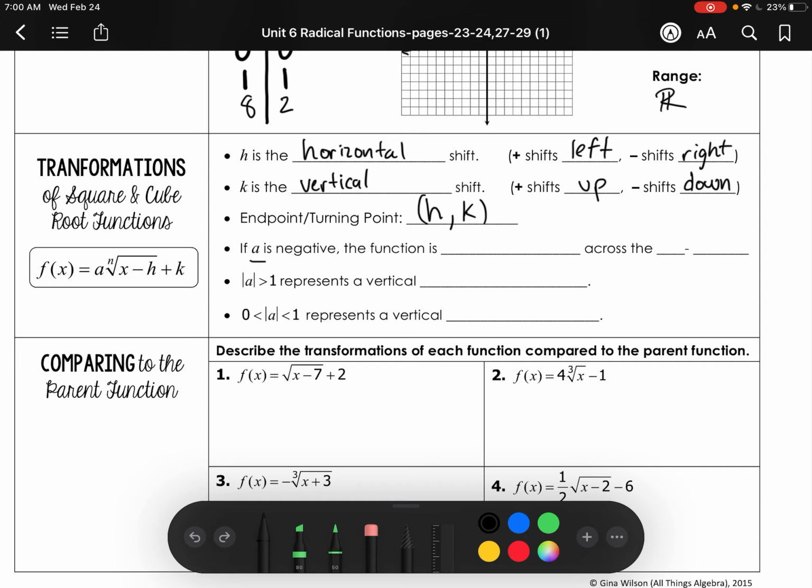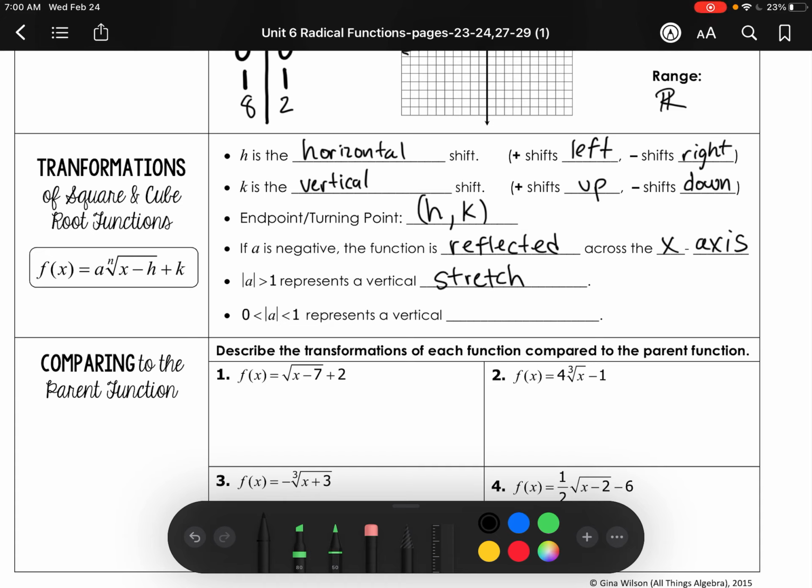And then if a is negative, the function is reflected across the x-axis, right? And then if a is greater than 1, meaning any number greater than 1, so 2, 3, and so on, it represents a vertical stretch.